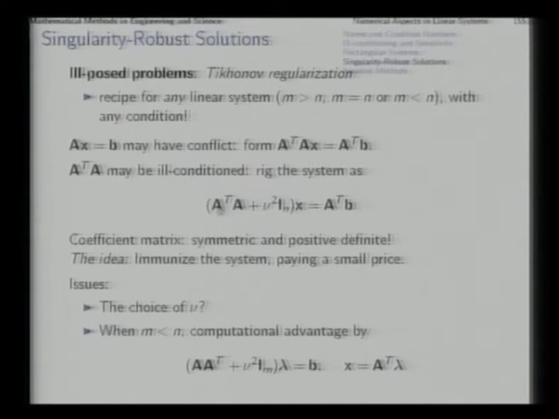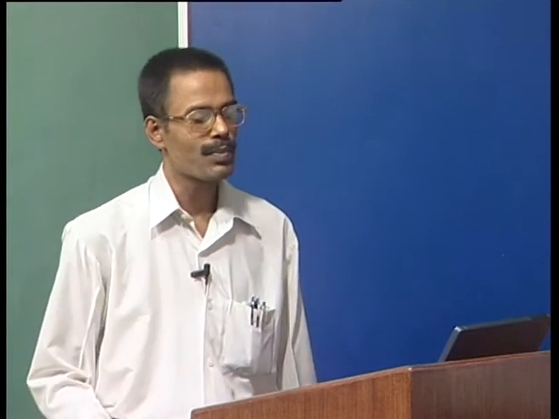Rather than an n by n system, you will be solving an m by m system, get lambda, and then evaluate x separately. So, if m is significantly smaller than n, this alternative way will give you an advantage computationally, with fewer computational operations, and you can show that this calculation will result in the same final result as this calculation. That is a small exercise which I leave for you.